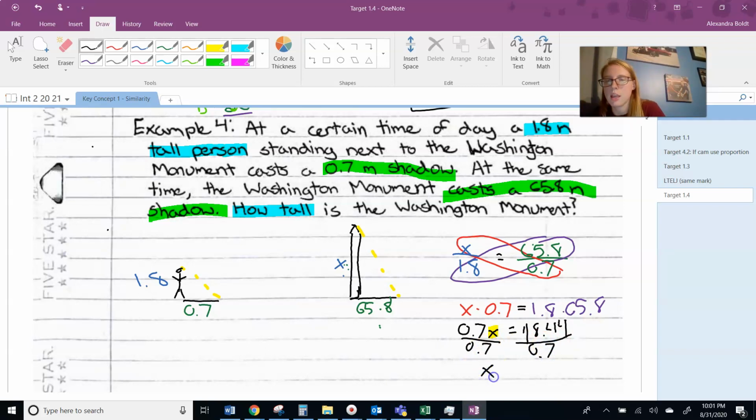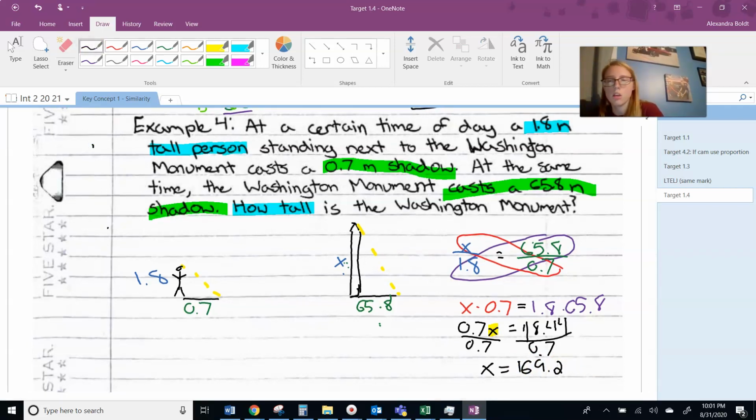So then x equals, and again, when I typed it into a calculator earlier, I got 169.2. And then we want to make sure we put a unit. That's m, meters. Okay.